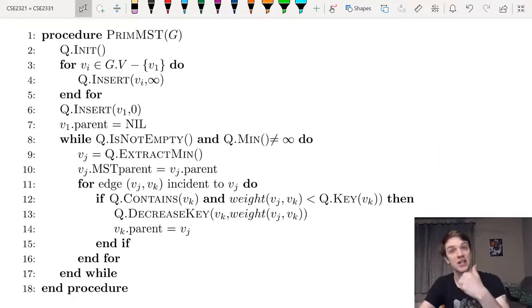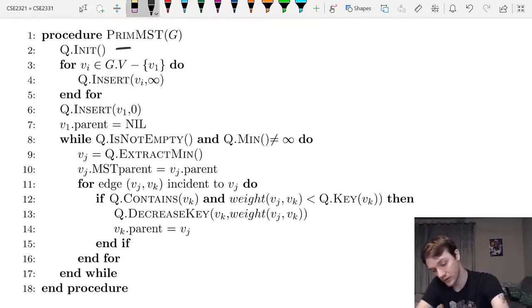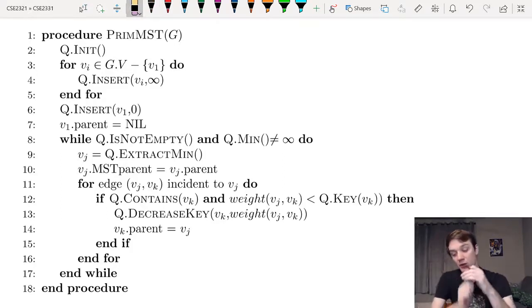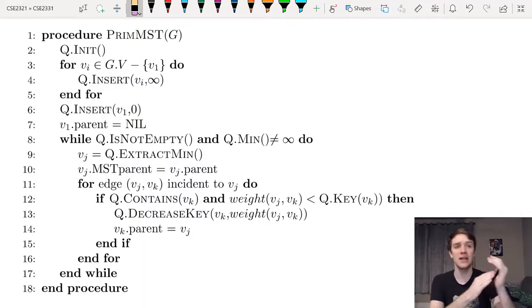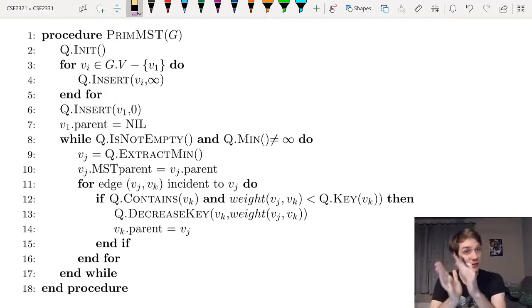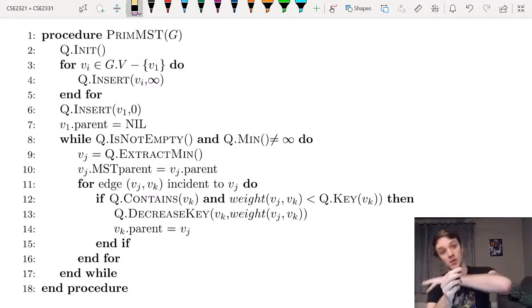Step 1, initialize the priority queue. We then are going to use the queue to store the vertex and its cost. You could argue, well, how are you sorting it? We'd have to implement this queue a little bit particularly, where we are iterating over the queue and determining the minimum by looking at the cost, but we're also storing the vertex.